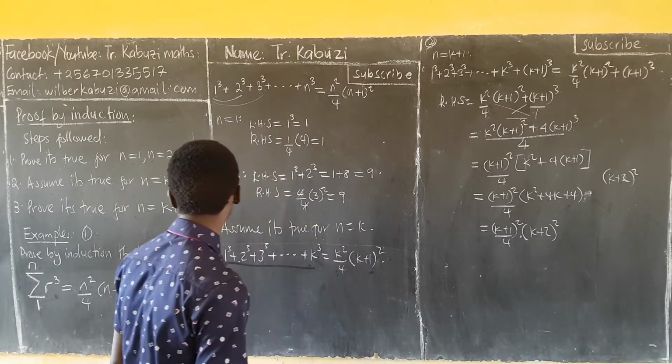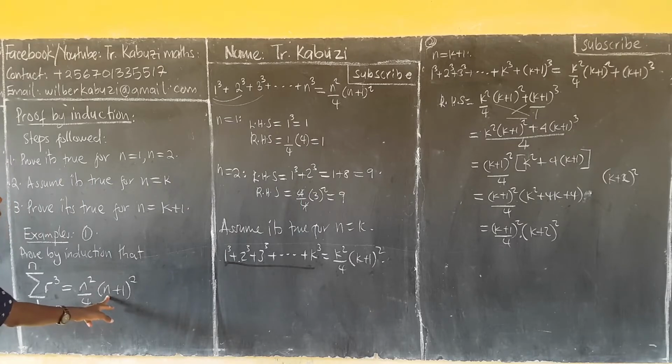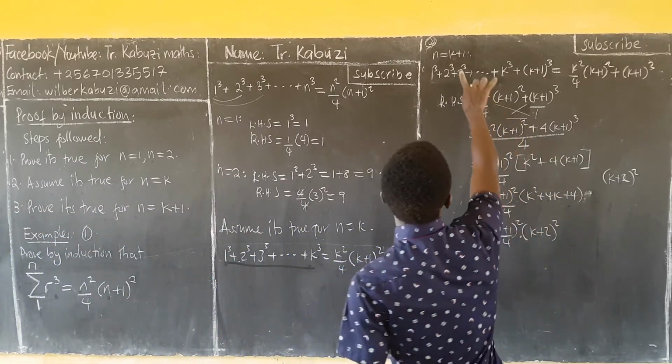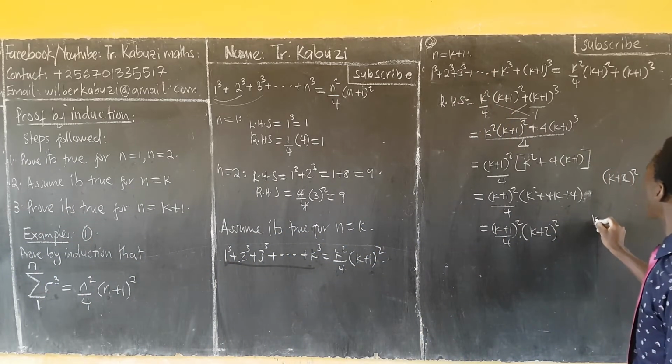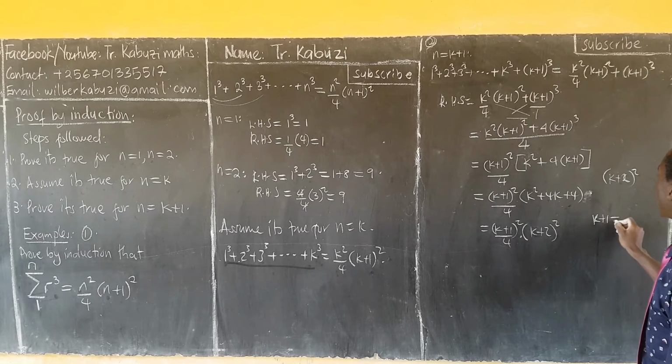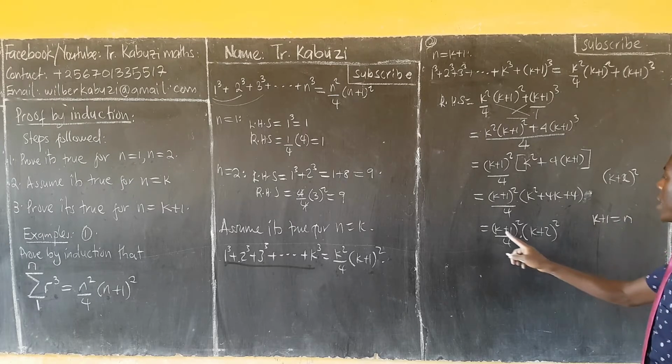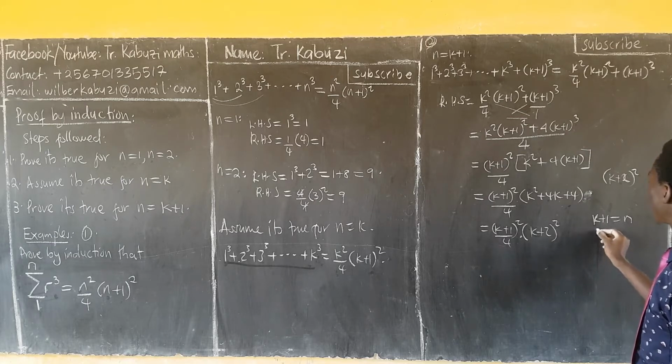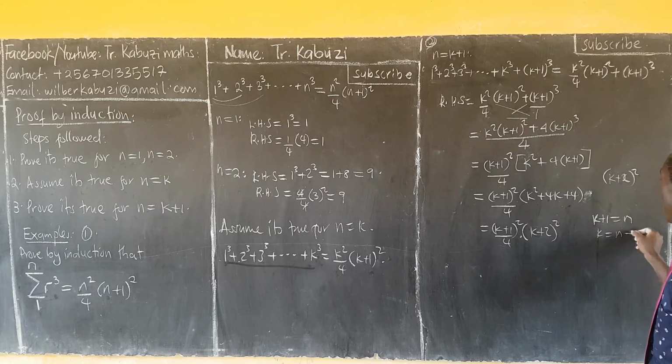Now, we don't want any k in our proof, so we remove the k. How do we remove it? We say our k plus 1 is equal to n. Make k the subject. My k becomes n minus 1.